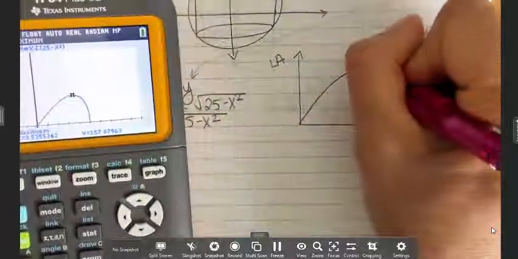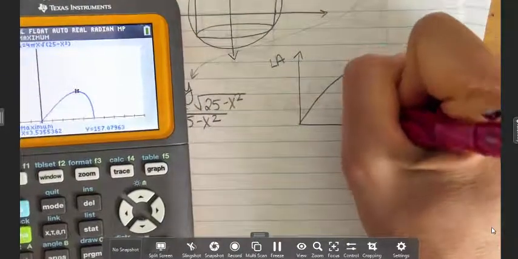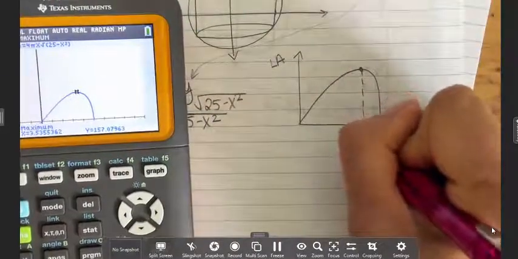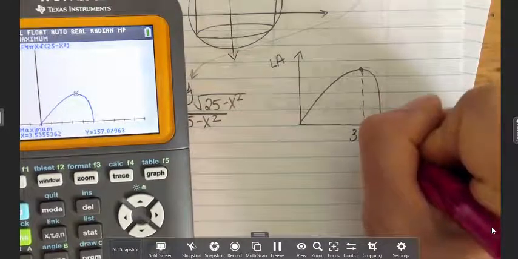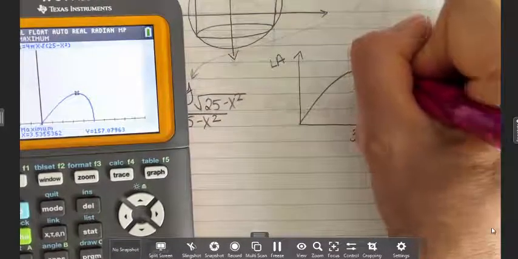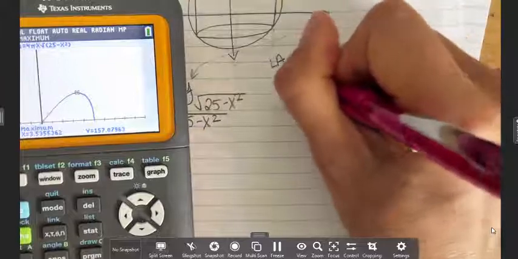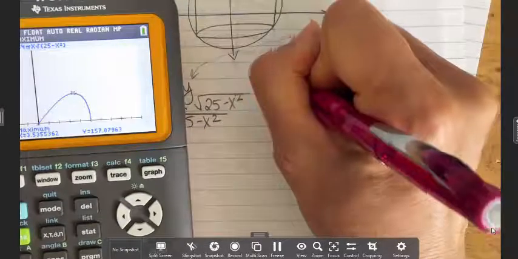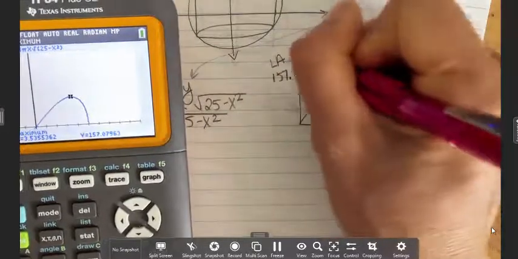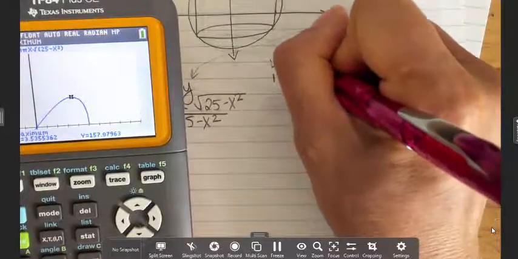So this maximum is happening when x is approximately 3.536, and this point is 157.08.